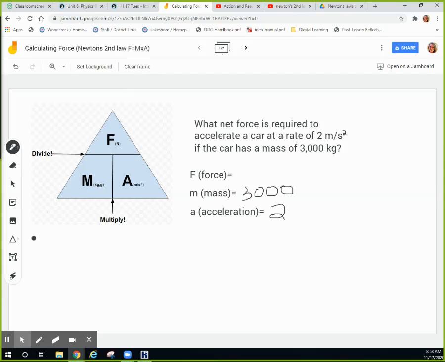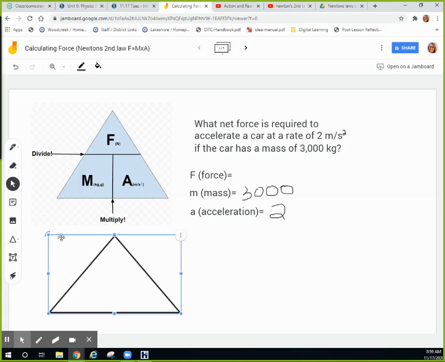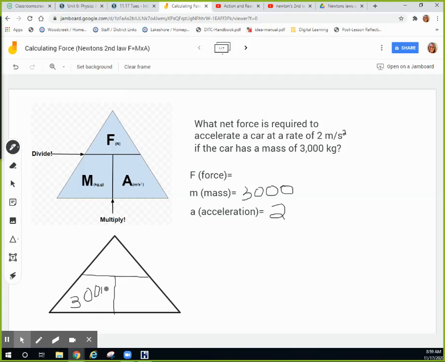So if we put this into our triangle, let me draw the triangle. The force goes on the top, so I'm just going to plug my numbers in. Mass was 3,000. And acceleration was 2.